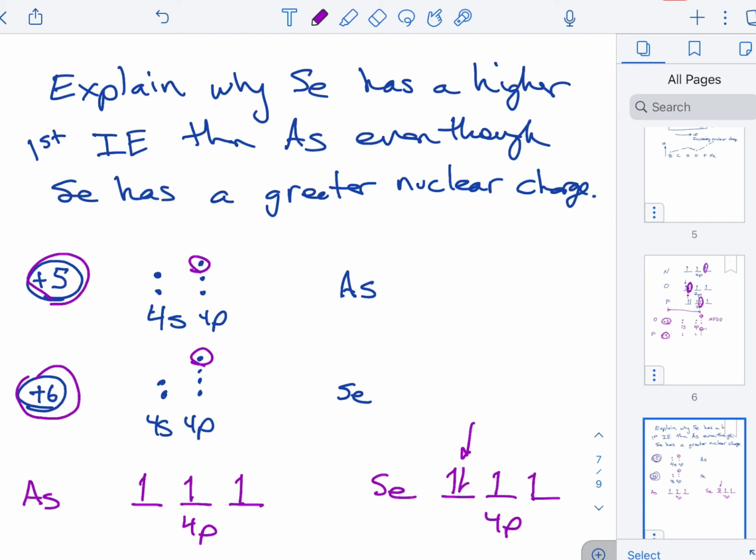And so this paired electron is the one that's being removed versus this unpaired electron. And we know that paired electrons are just a little easier to remove than unpaired, and that offsets the increased attractive force between the nucleus and the outermost electron. Okay, so that's going to explain this seeming contradiction in the ionization energy.